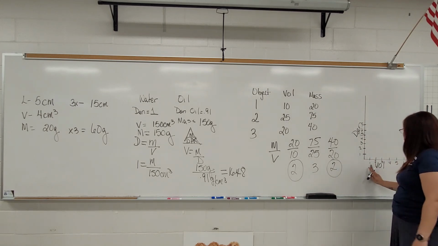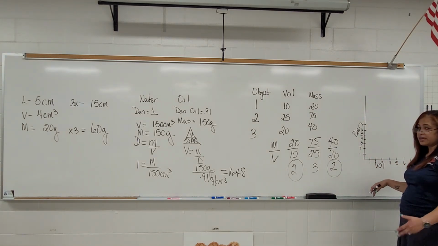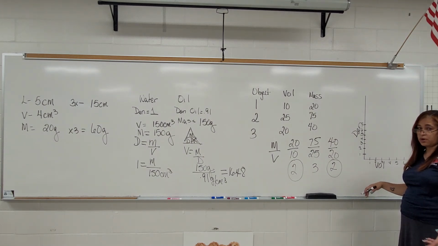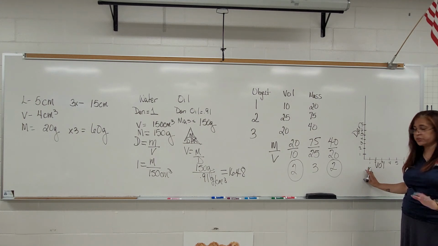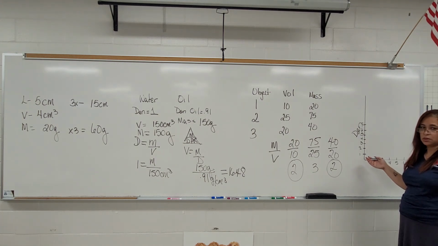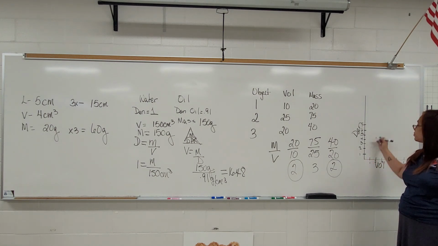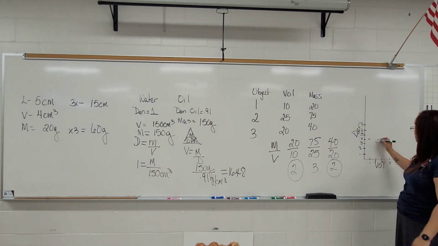Let's say its density is 4 grams per cubic centimeter. If I have 1 cubic centimeter of the substance, the density is going to be 4. If I have 2 cubic centimeters of the substance, the density is still going to be 4 grams per cubic centimeter.